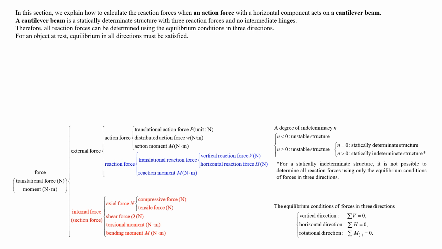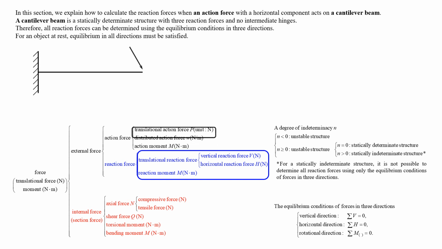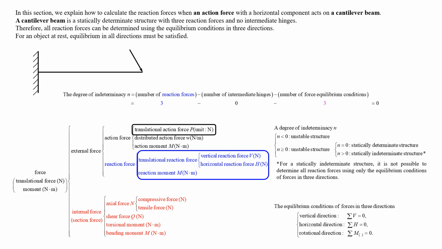In this section, we explain how to calculate the reaction forces when an action force, with a horizontal component, acts on a cantilever beam. A cantilever beam is a statically determinate structure with 3 reaction forces and no intermediate hinges.